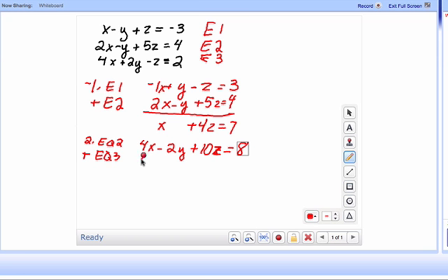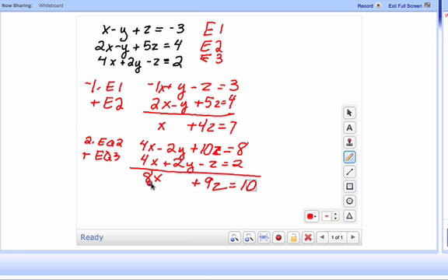And then we're going to write down the next equation just like it looks. Equation 3. We add those two together. 4x plus 4x is 8x. The y's cancel, plus 9z equals 10.